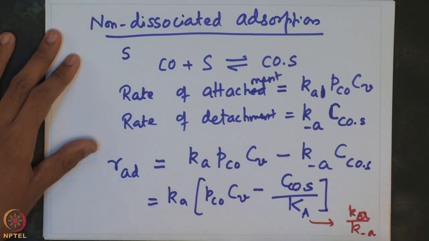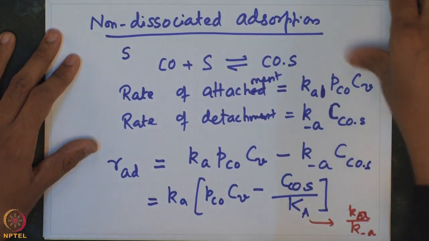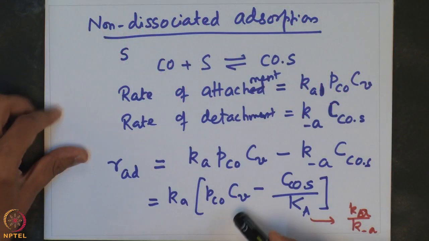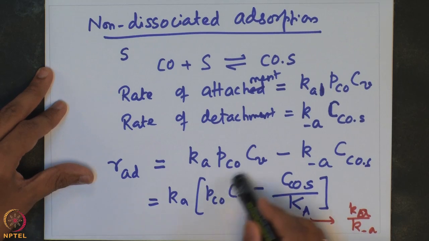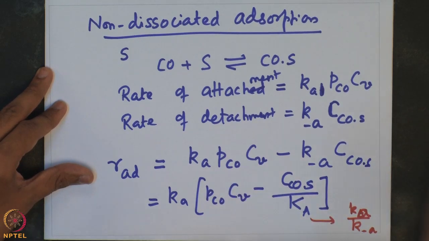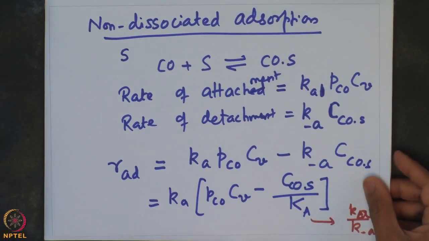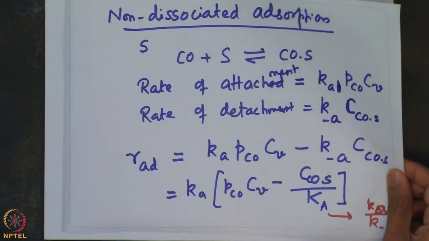So, this is the adsorption equilibrium constant, and now we can use a conservation rule to understand how to define the rate of adsorption. If you look at the expression for the rate of adsorption, the quantity we do not know is the vacant site concentration. So, we will try to eliminate this in order to get the rate in terms of measurable quantities.